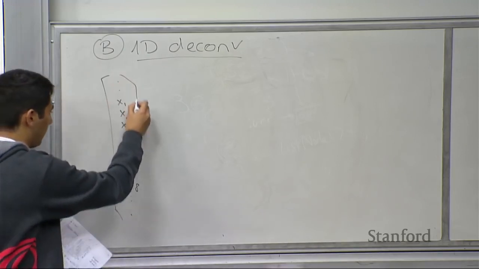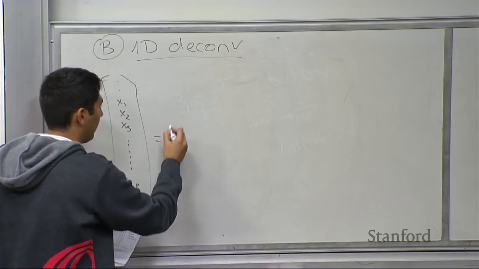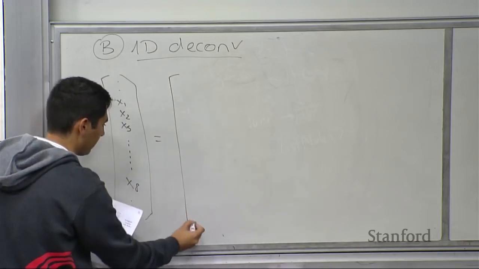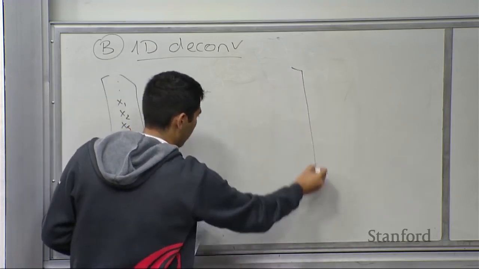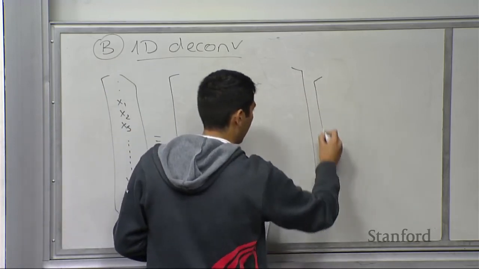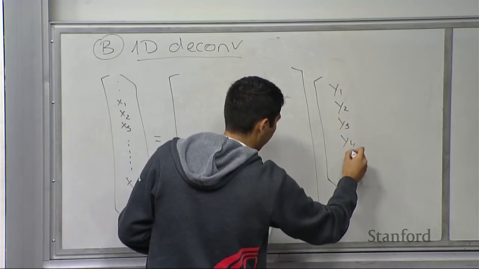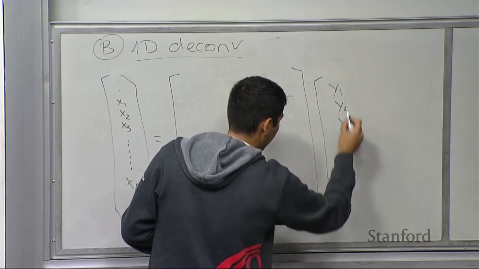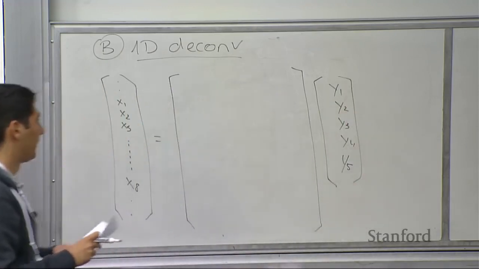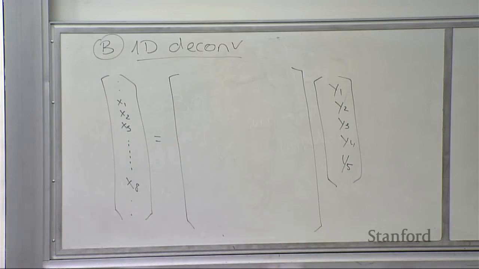Okay? And I will have my W transpose matrix here, and my Y vector, Y1, Y2, Y3, Y4, and Y5 here. And so I know that this matrix will be the transpose of the one I have here, right? So I can just write down the transpose.